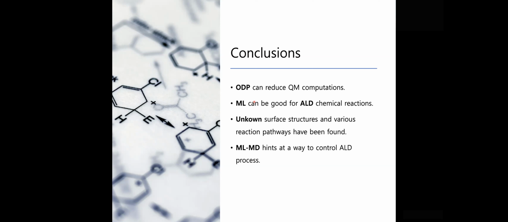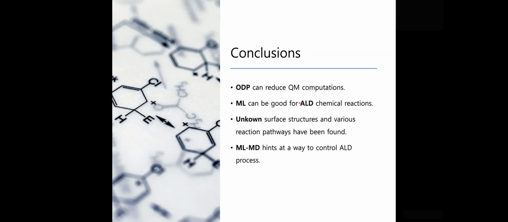And the second one we found is that ML can be good for chemical reactions. It can really do bond breaking and making, which is amazing because only quantum mechanical methods could do that. But now machine learning MD can also perform such bond making and breaking, which is to me quite amazing and quite useful.